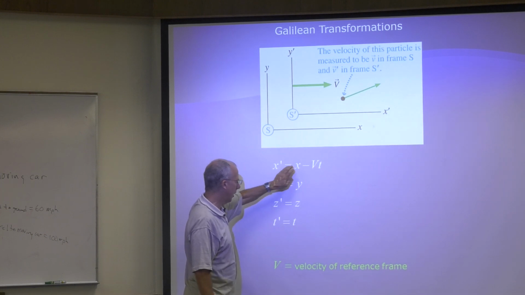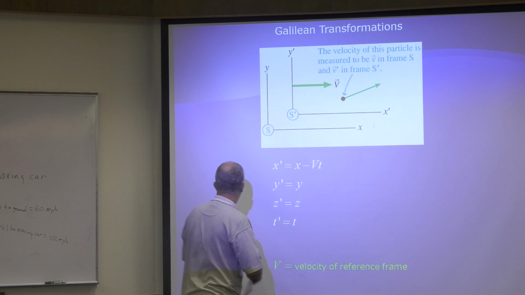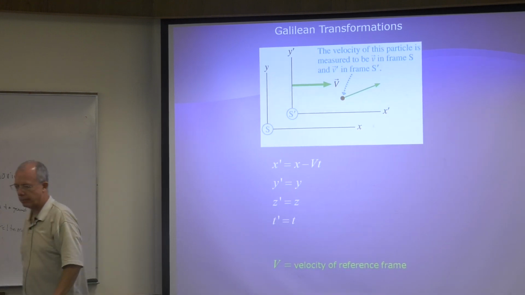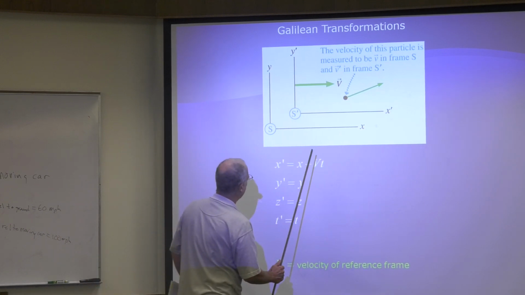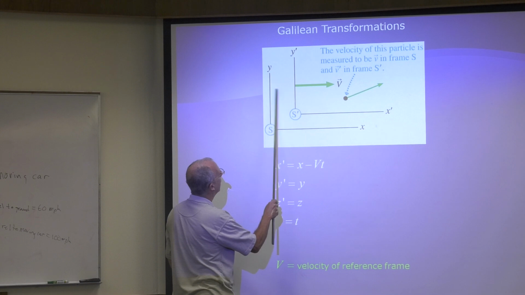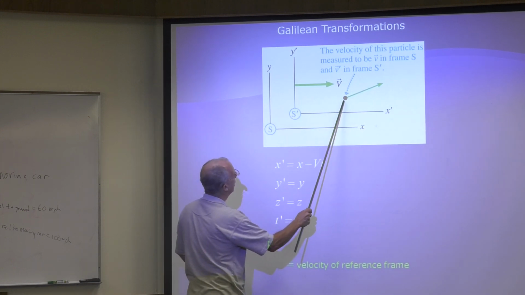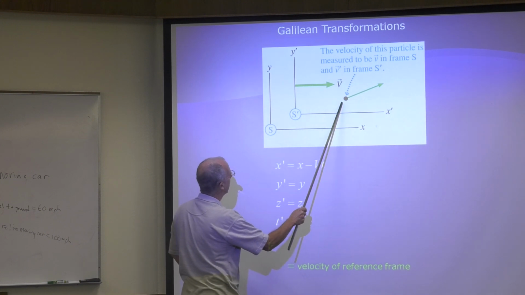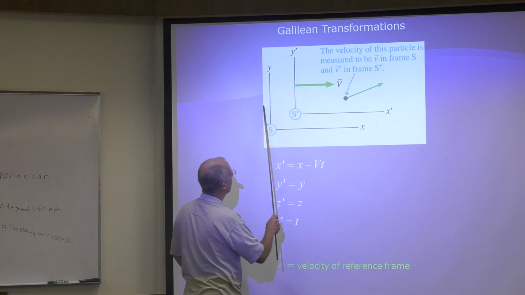This is the same thing as what we just said: x prime equals x minus vt. Why is that true? Well, remember, what's this distance right here? Isn't this distance equal to this distance minus that?